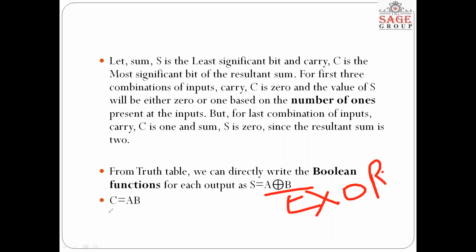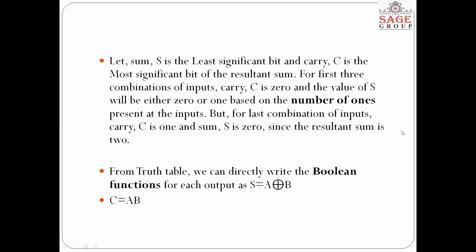And the second one is C, and here the dot product means AND gate. So for a half adder we can use two gates, the AND gate and the XOR gate, right? So these two gates we use to design the half adder, right?